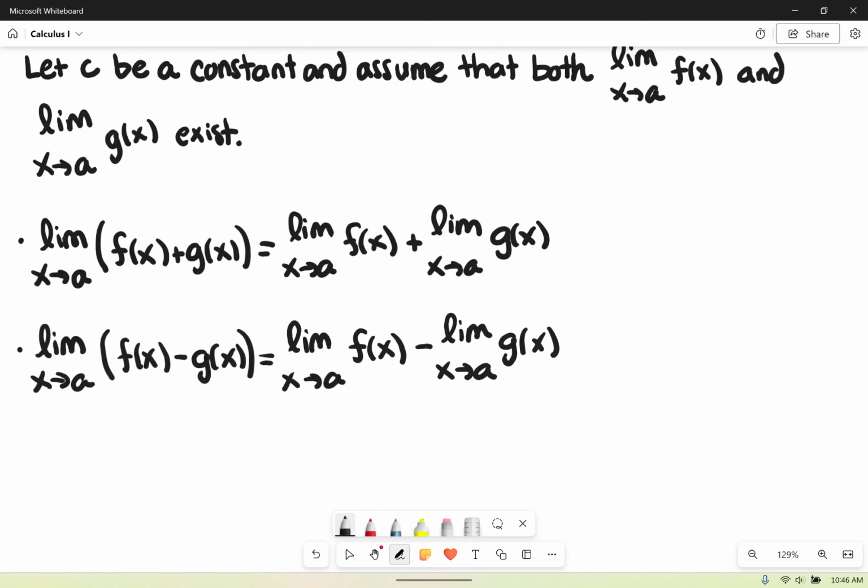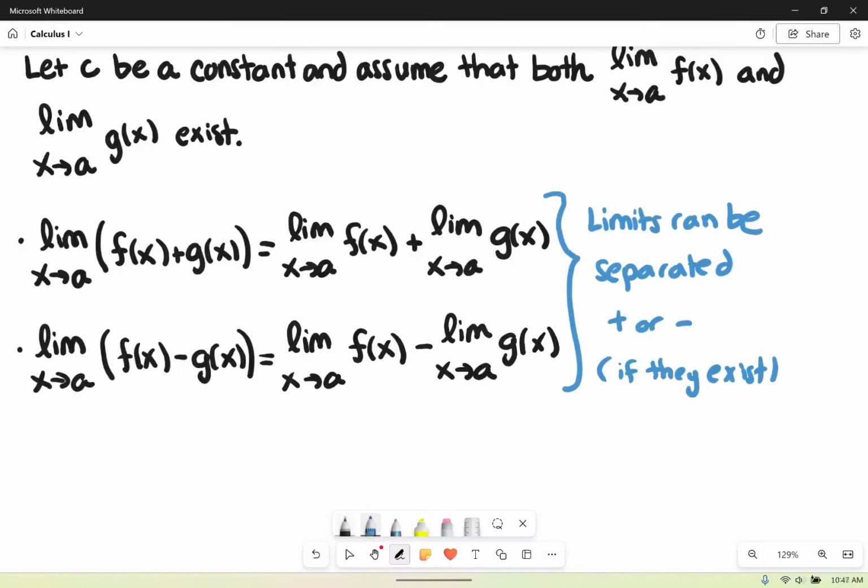The limit as x approaches a of f of x minus g of x equals the limit as x approaches a of f of x minus the limit as x approaches a of g of x. The limit of a difference is the difference of the limits. These first two limit laws basically tell us that as long as all the limits involved exist, we can break apart limits of functions at addition and subtraction.